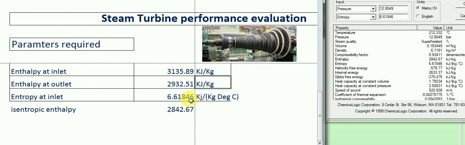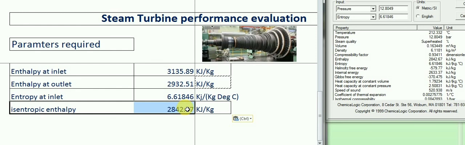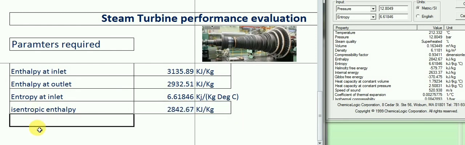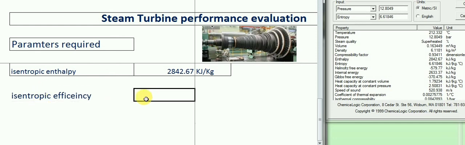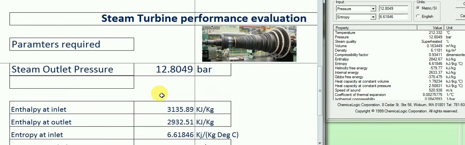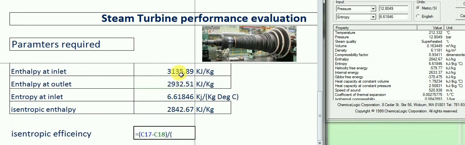So isentropic efficiency is input minus output, enthalpy at inlet minus enthalpy at outlet, divided by enthalpy at inlet minus isentropic enthalpy, into 100.